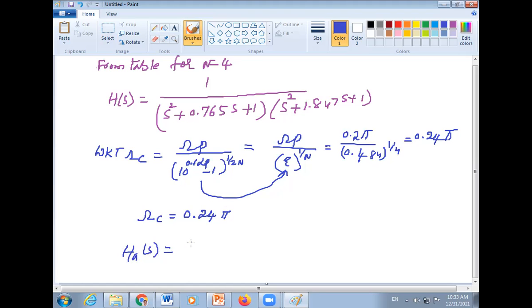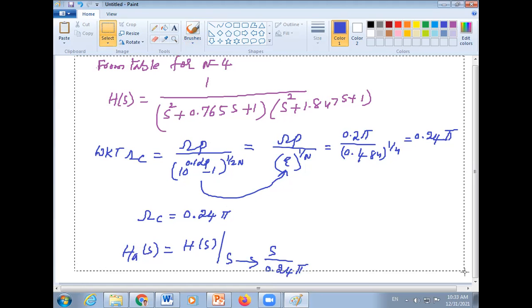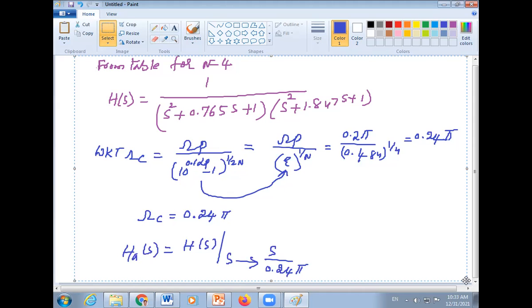Now we can calculate H of S by substituting. H of S equals H of S, where S is replaced by S divided by 0.245. Okay, now let us simplify this final expression to calculate the analog transfer function.